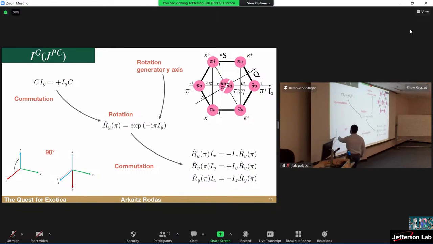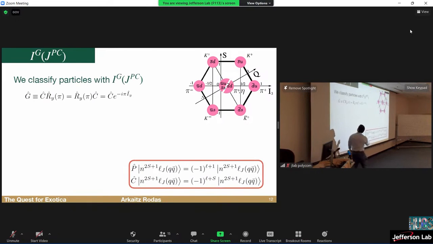So if we had this axis, this would be a 90 degrees rotation, right? We want 180 degrees. So basically, we are going to get the isospin I sub x, and we're going to flip it to minus I sub x. We're going to get I sub z, and flip the sign. And this is what we get at the end of the day. Of course, the isospin in the y-axis remains invariant because we are rotating everything around the y-axis.